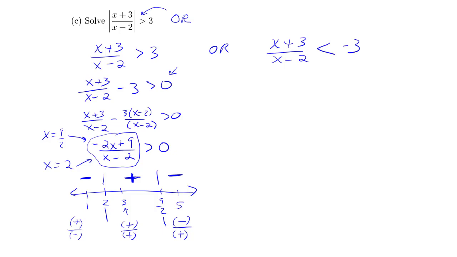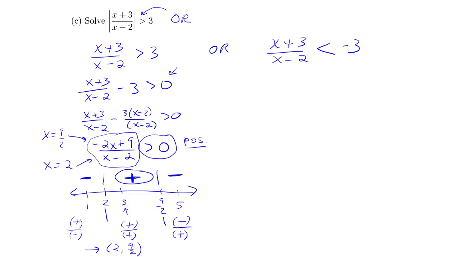Now remember, I go back and decide, what did I want? I want it greater than 0, so I only want positive. Here's where it's positive. So the solution from this part is 2 to 9/2, just this region. So that's part of my solution.